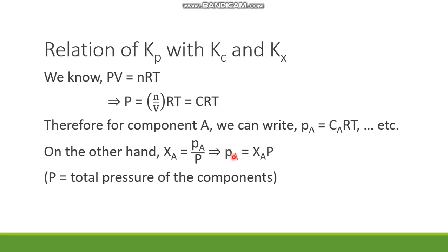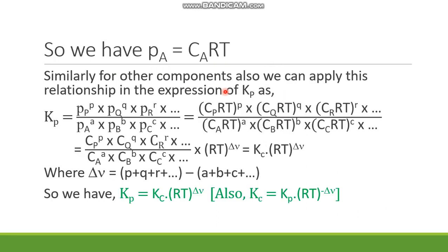So these two equations we shall utilize in order to find the relationship of Kp with Kc and Kp with Kx. First, we take Kp and Kc. Let's rewrite the equation PA equals CRT. Similarly, for other components also, we can apply this relationship.